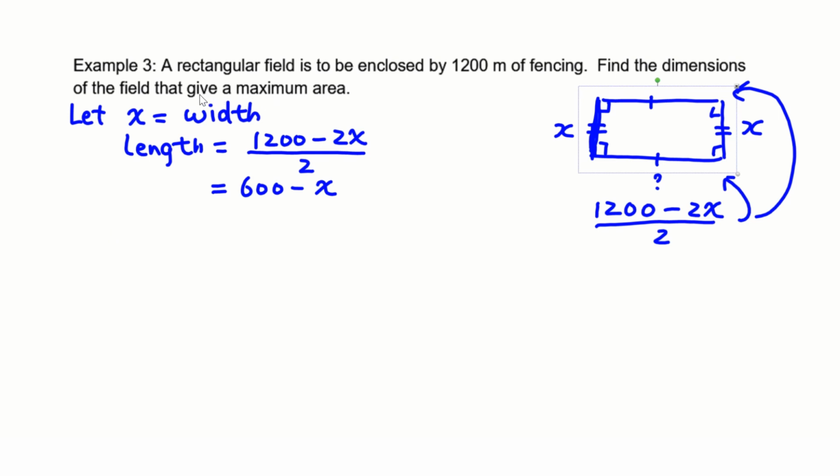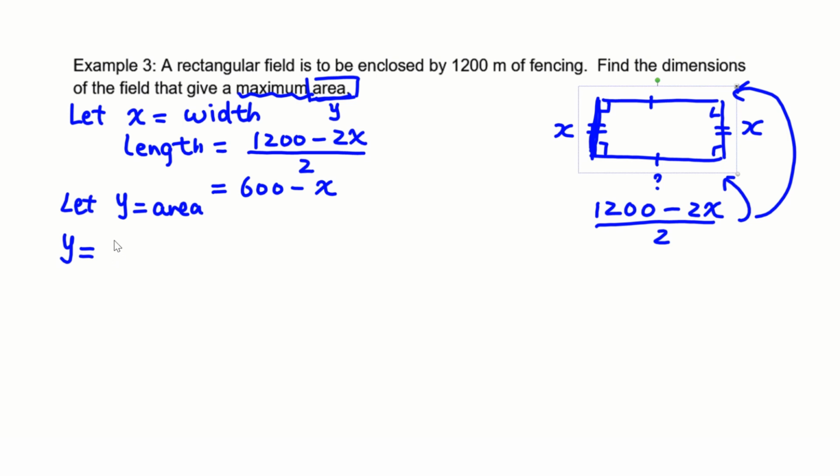Then it asks you to find the maximum area. So the y value will be the word after the maximum or minimum. So y is the area. So let y represent the area. Then for a rectangular field, y equals length times width.